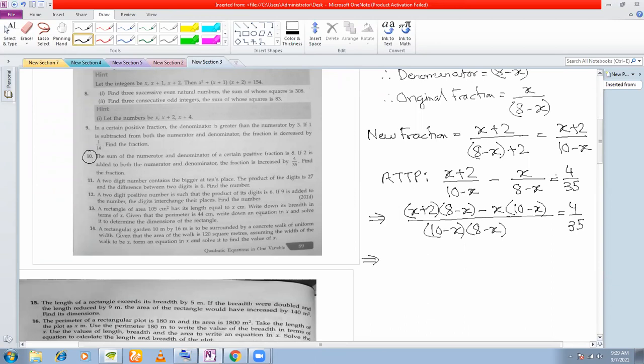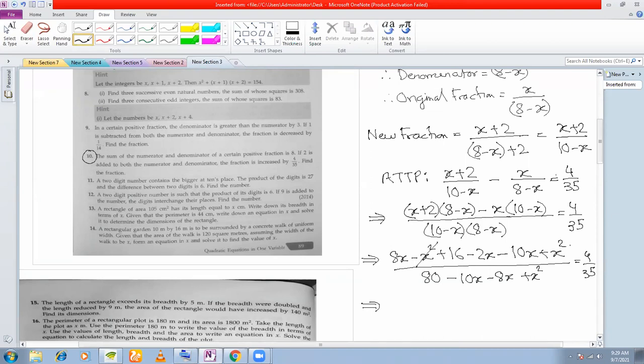Now you simplify this. You multiply x plus 2 into 8 minus x. You're going to get 8x minus x square plus 16 minus 2x, minus, and here you're going to get minus 10x plus x square, divided by, in the denominator, if you multiply, you're going to get 80 minus 10x minus 8x plus x square, is equal to 4 by 35.